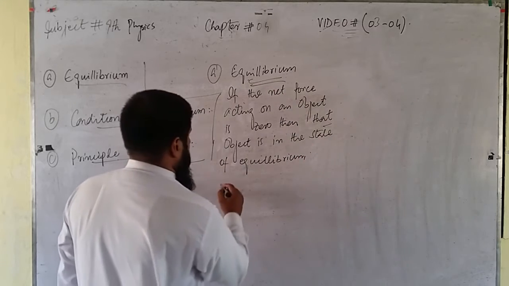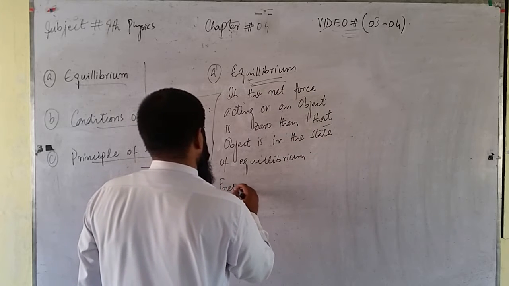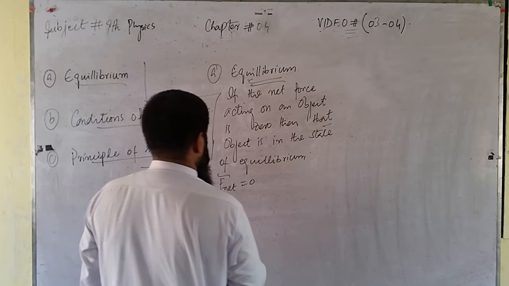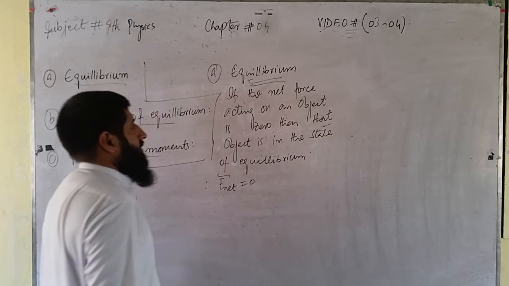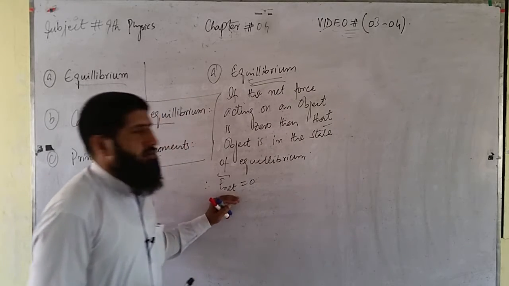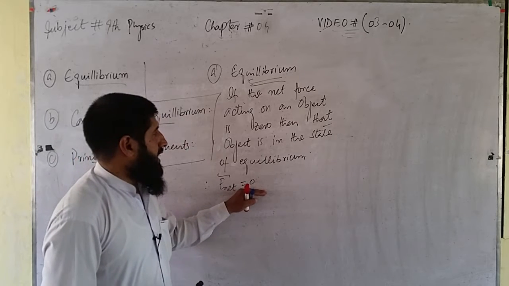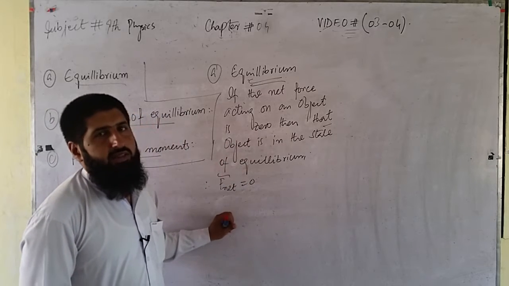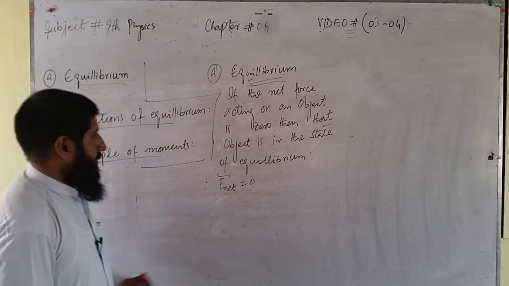But it should be kept in mind that F net should be equal to 0. That is the condition of equilibrium: if the net force acting on a particular object equals 0, then the object is said to be in the state of equilibrium.